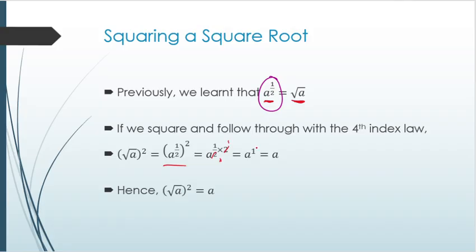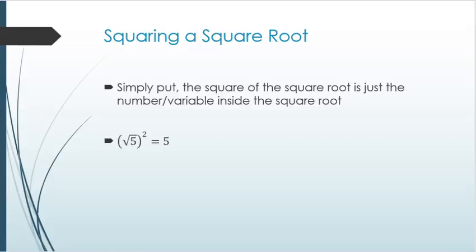So a to the power of 1. Now, obviously, you know that anything to the power of 1 is just the base itself. Hence, this theory where if you were to square any square rooted number, you just end up with the number by itself, okay? So, for example, here, it could be a number, could be a variable, whatever that you see in the test.